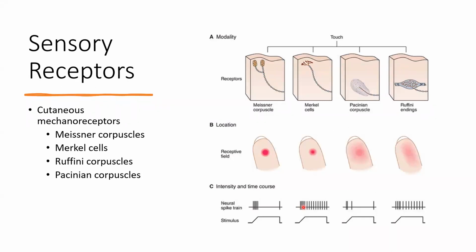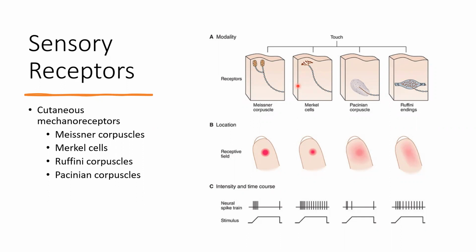You would also notice that the sensory nerves from your cutaneous mechanoreceptors comprise myelinated A alpha and A beta fibers, which are very fast conducting. They range from 70 to 120 to about 40 to 75 meters per second.